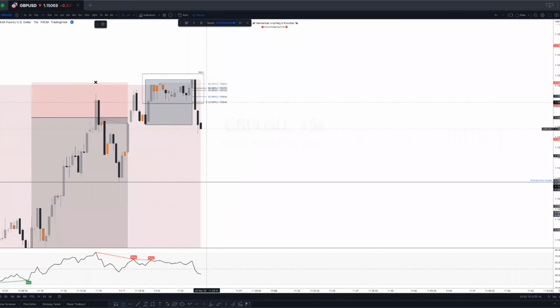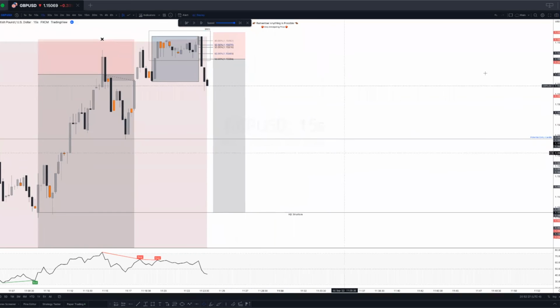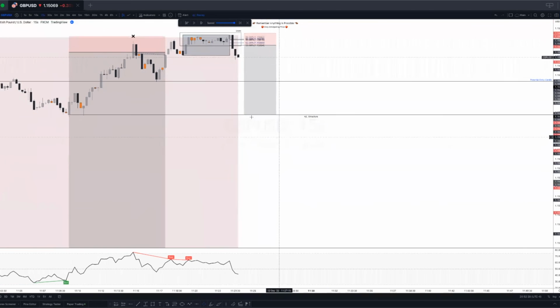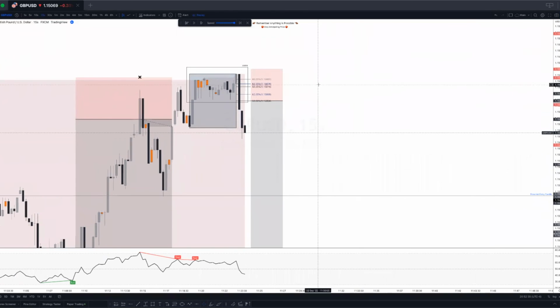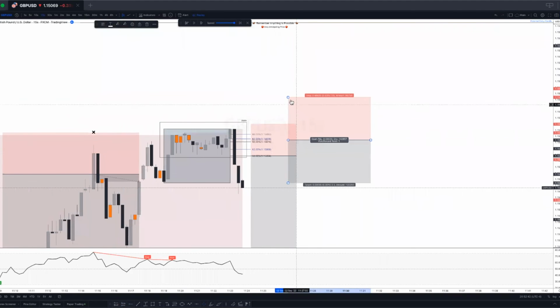So fill this out from here to here. 2 pips. Okay. 2 pips from there. And then I have confluence here. This is 2.5 pips.